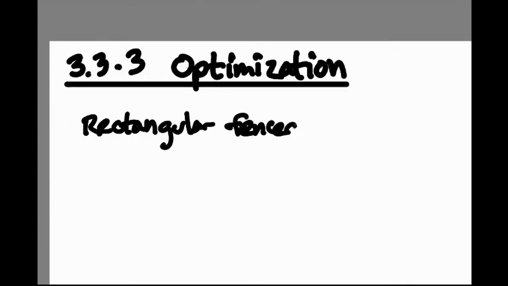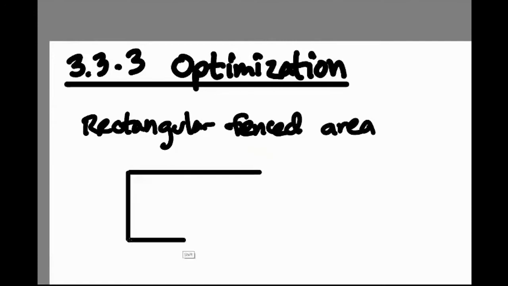You are a fence engineer, and a farmer wants you to engineer, create, design, whatever, a rectangular fenced area. Okay, so you are to build some kind of rectangle with a bunch of fencing for, I don't know, whatever animal it is, cows, doesn't really matter.